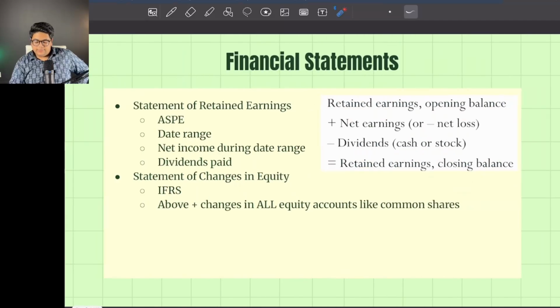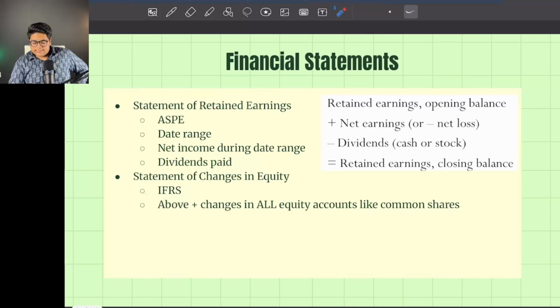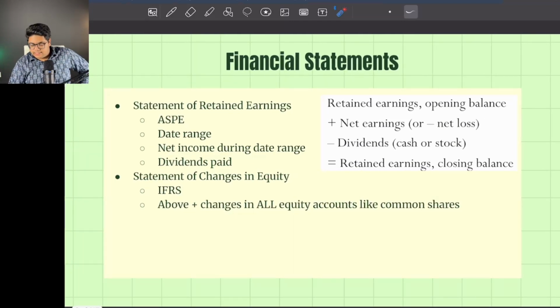Next up, you have your statement of retained earnings, and this is for ASPE. And this is also prepared for a date range. You don't want to say what is my retained earnings for a specific date. You want to say what is my retained earnings for a specific period. Retained earnings consists of your net income.